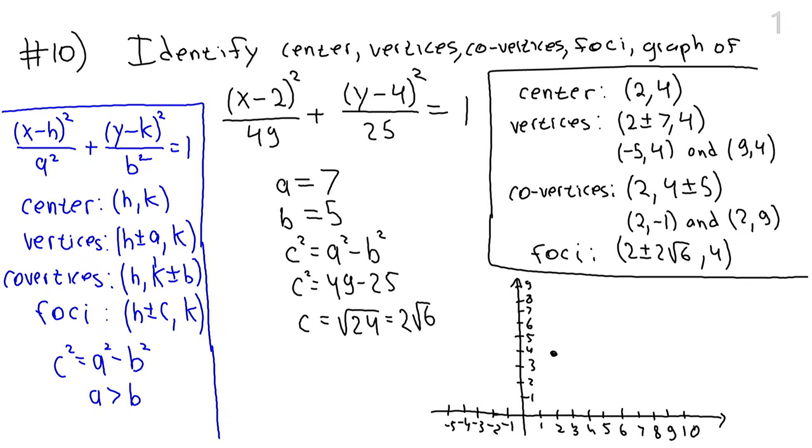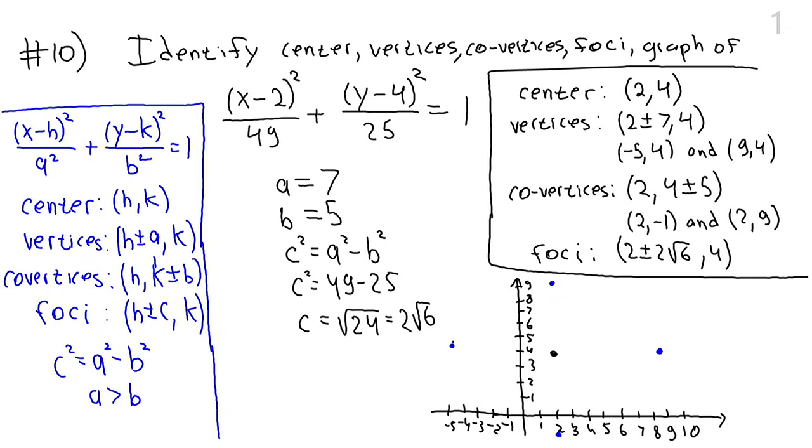So the very next thing, once we figure out where the center is, we plot the vertices. The vertices are -5 comma 4, which is here, and the second vertex is 9 comma 4, which is right here. And then we look at the co-vertices. The co-vertices are 2 comma -1, somewhere here, and the second one is 2 comma 9, somewhere here.